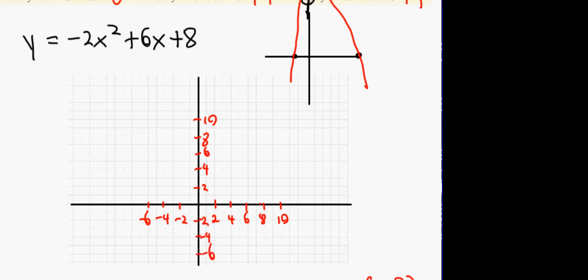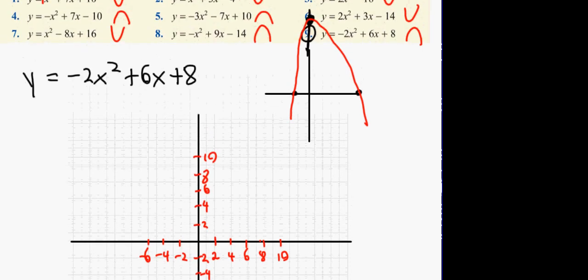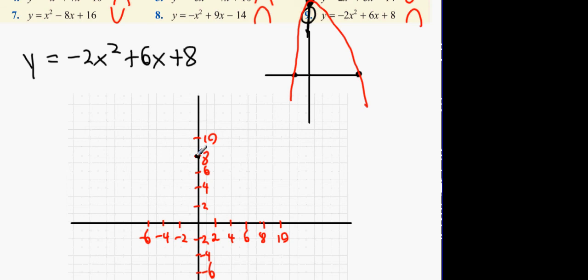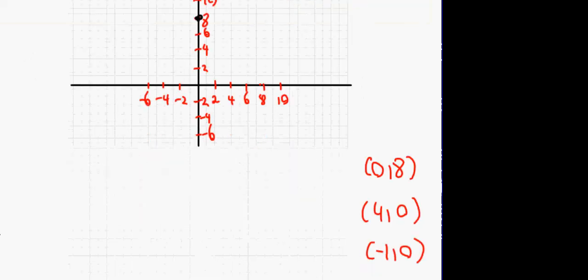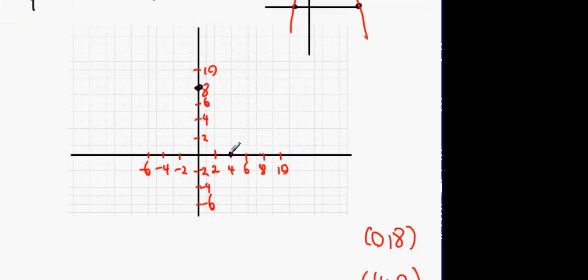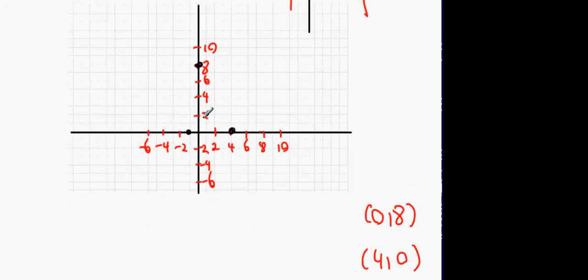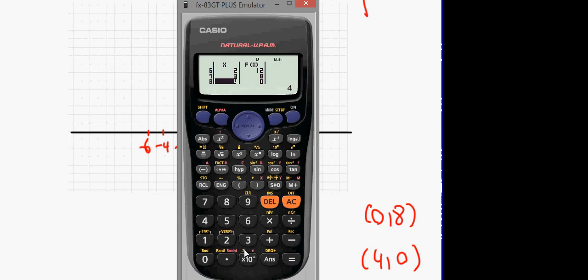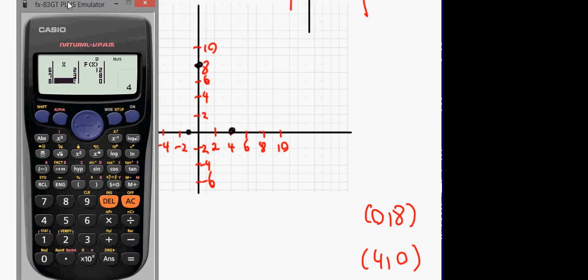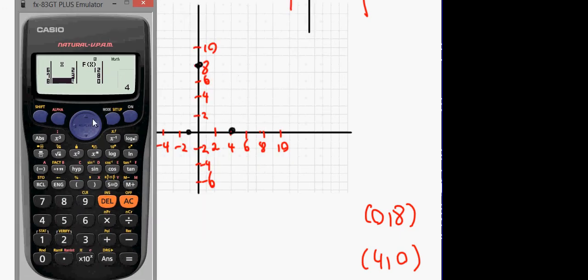Okay, let's draw this out. Now, the 3 points it wants me to include are what? 0, 8, yeah. It wants me to include 4, 0. And it wants me to include minus 1, 0. However, this time, because I have the capability to do it, I'm just going to include some intermediate spots to make it more accurate.